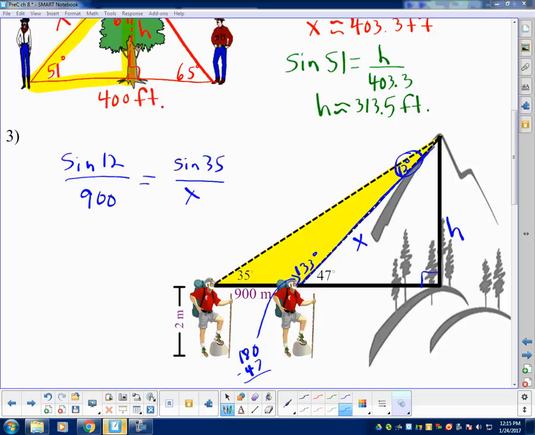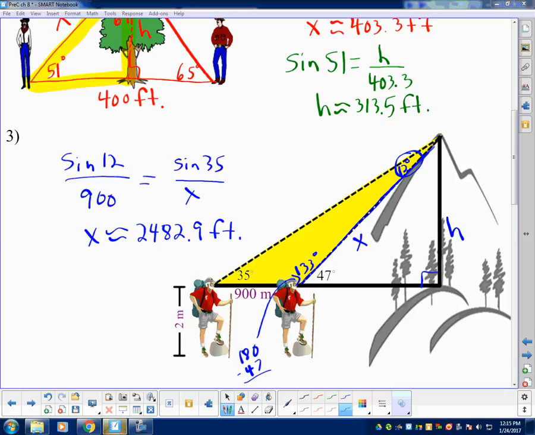So cross multiply, divide, and you should get x is approximately equal to what value? 2,482. Yeah, that's right. 2,482.9.